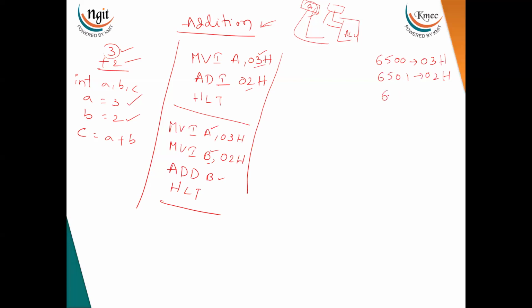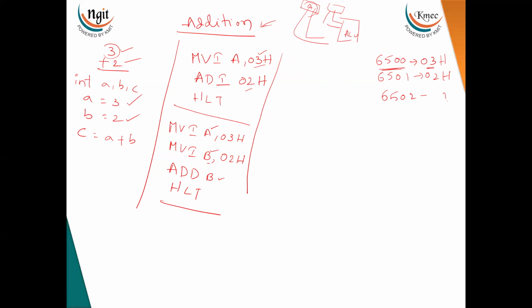Again, I wanted to store the result in the next consecutive memory location. For this, how do I write the program? Here I loaded the data in memory, so this memory location needs to be pointed to with a register.